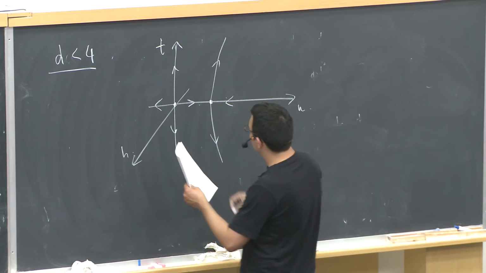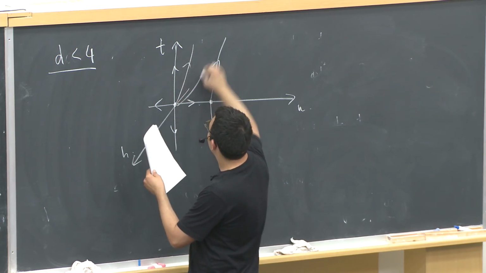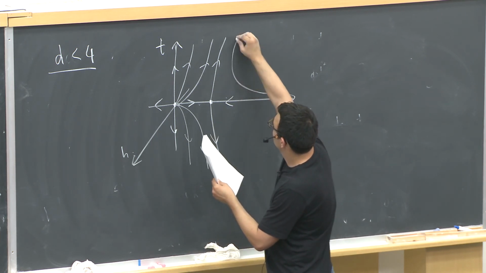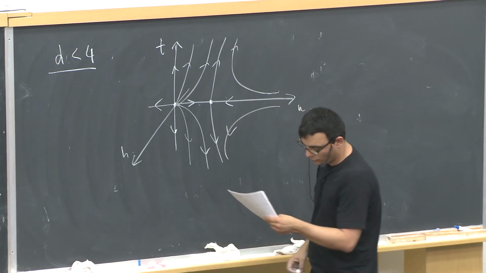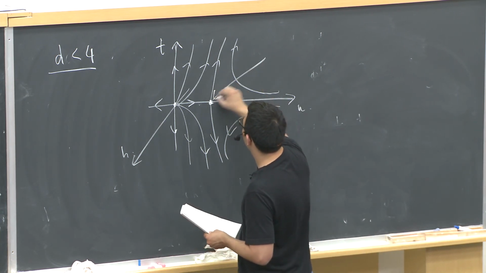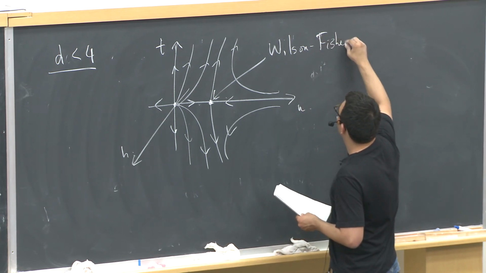Okay? So then the RG flow diagram would look sort of like this. And this is true. It's called the Wilson-Fisher fixed point.